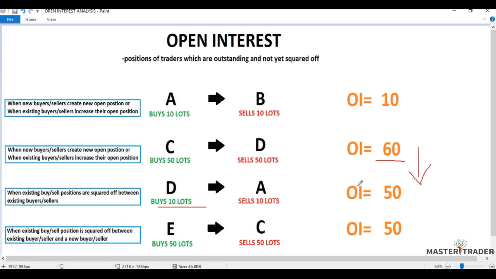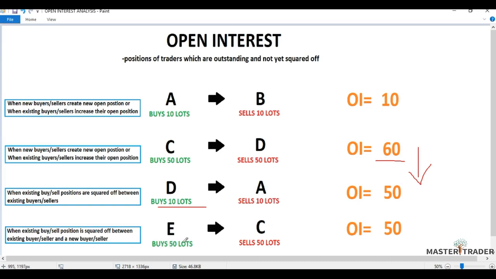This may get a bit confusing, so if you want, just go back and watch this again. But this is how open interest works. Now let's look at another example. A new entrant has come in, E, and E is buying 50 lots.